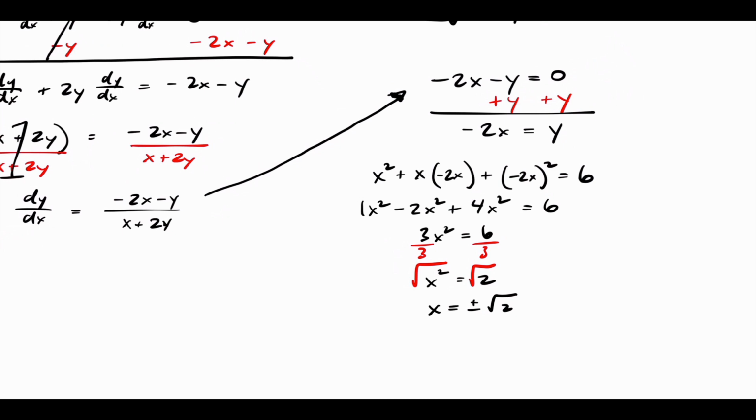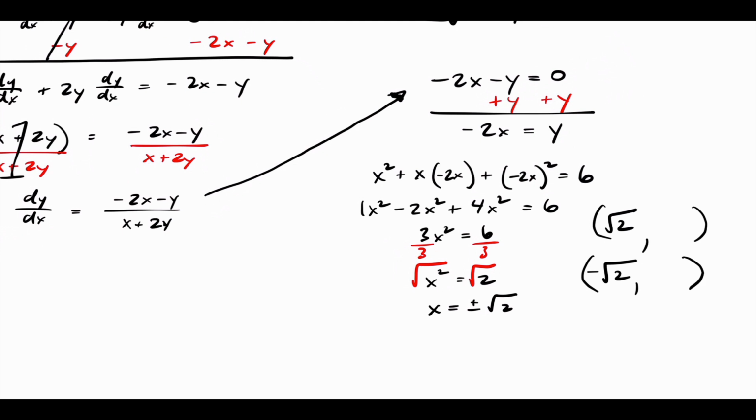So I'm going to have 2 points. One with a positive root 2 and one with a negative root 2. So how do I come up with the y's now? I need 2 y's.